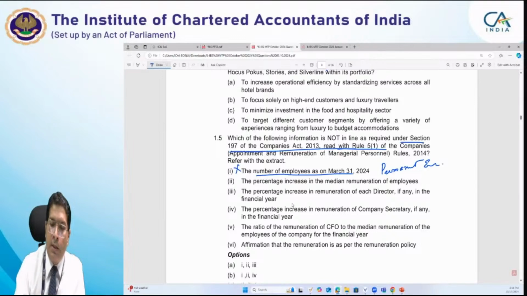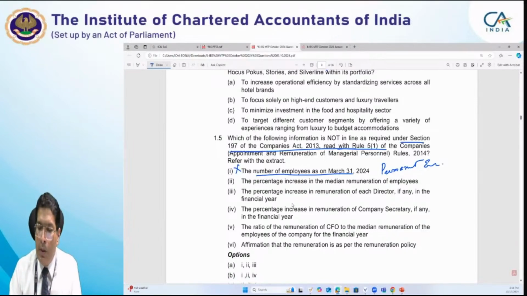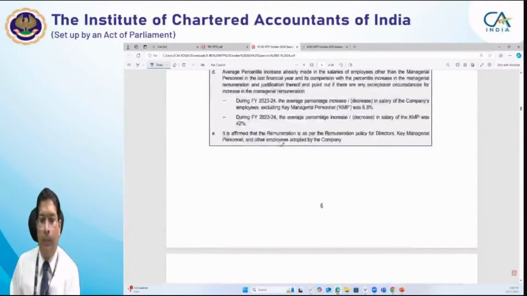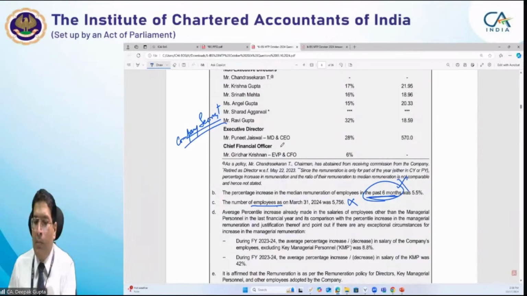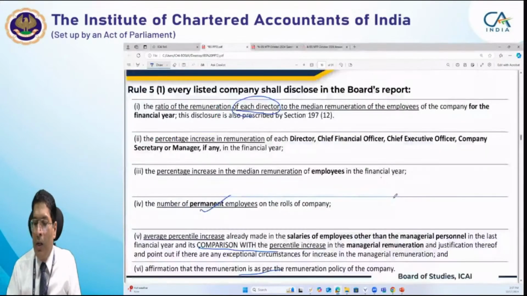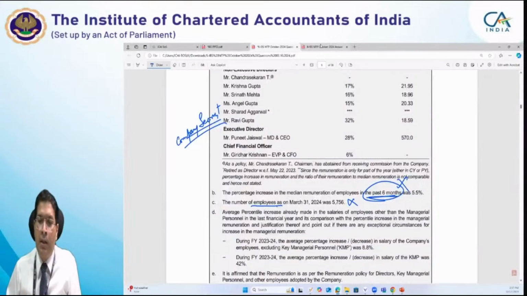It means this statement is incorrect. The percentage increase in median remuneration of employees in the past 6 months was, but it should be based on the financial year. Again, this statement is incorrect.